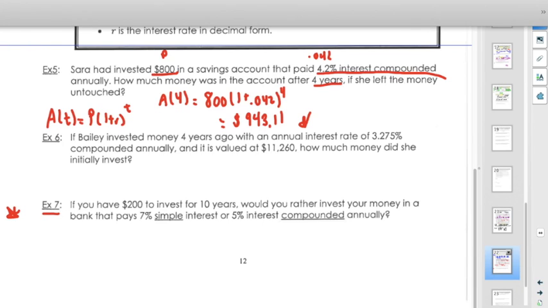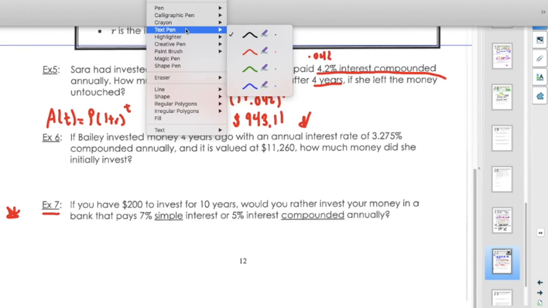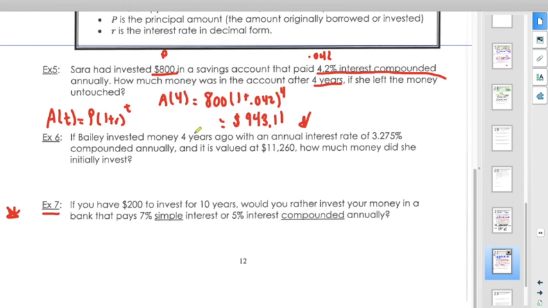All right, exercise 6. If Bailey invested money 4 years ago, okay, let's think about what it's telling us. Bailey invested money 4 years ago with an annual interest rate of 3.275%, compounded annually. And now it's valued at $11,260.